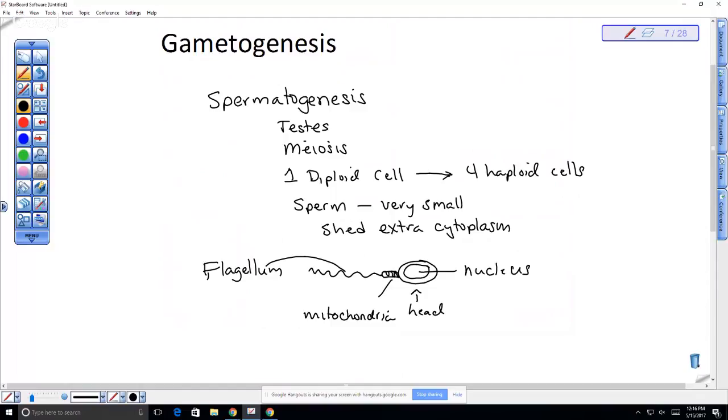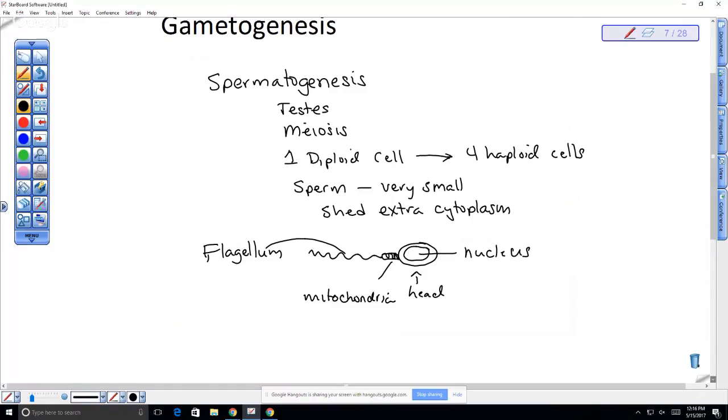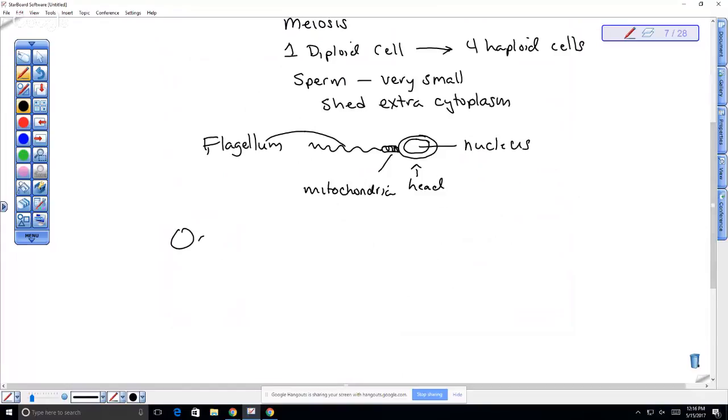Okay. So if we compare this to oogenesis, which is the formation of the egg, right? Oops, I spelled that wrong. Okay, so this is the formation of the egg. This takes place in the ovaries.